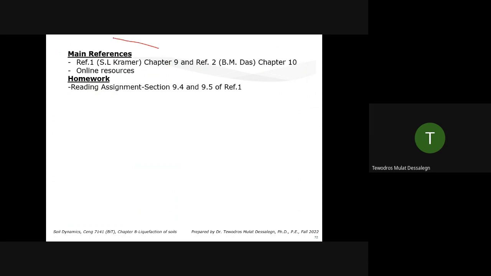So the main reference for this chapter, reference 1, S.L. Kramer, chapter 9, and reference 2, Braja Das book, chapter 10, and so much from online. I wish I could list all, but those pictures, those case studies you saw, they are from available resources from Google online. They help us to learn a lot.